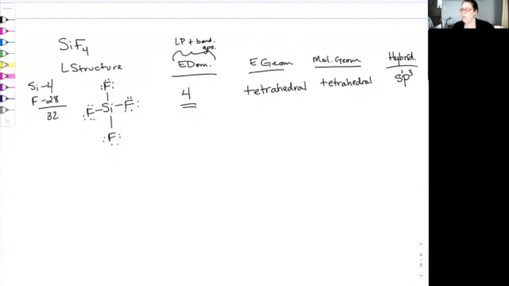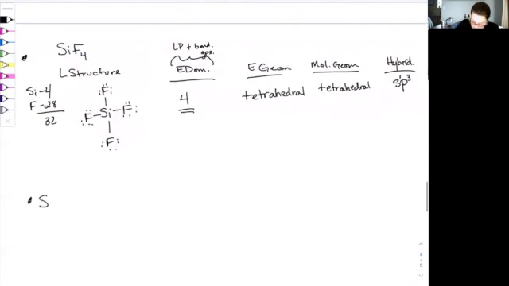Okay, how about, all right, let's do one where it's different. Let's do a funky one. So here's a funky one. We are going to do selenium tetrachloride.